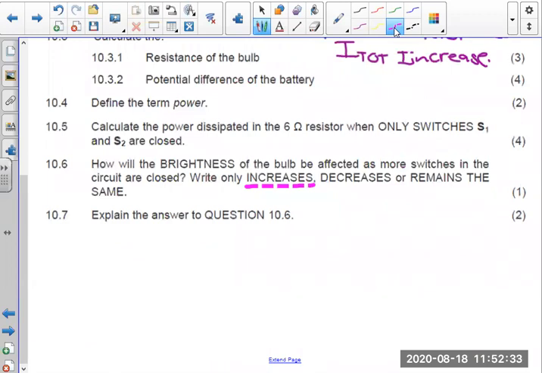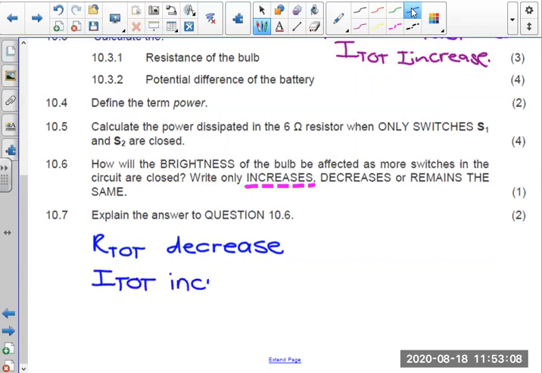Okay. Now, if the switches are closed, what's the first thing that's going to happen? If the switch closes, the total resistance will decrease. That's the first thing that you say. Total resistance will decrease the more switches that are closed, because the more resistance I put in parallel, the total resistance will decrease. Then we say, but what we need to remember is that the total current, I total, will increase.